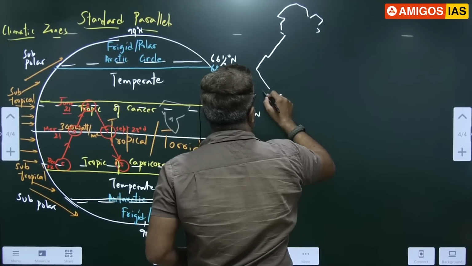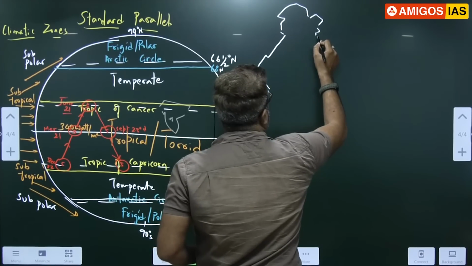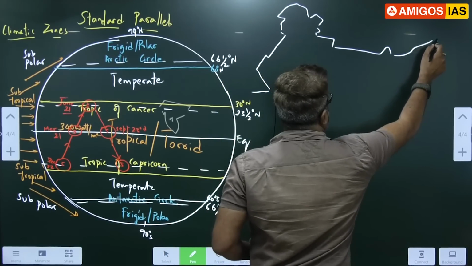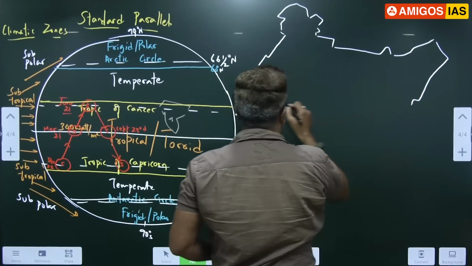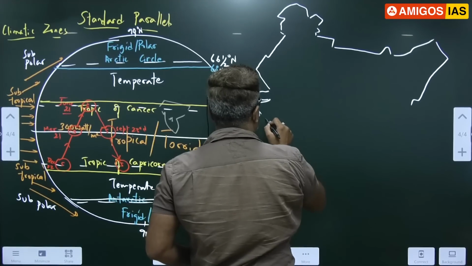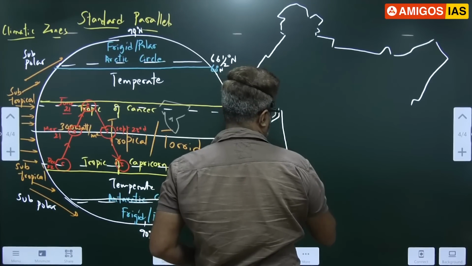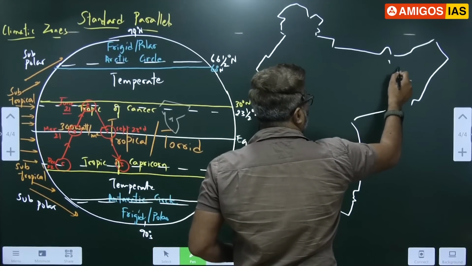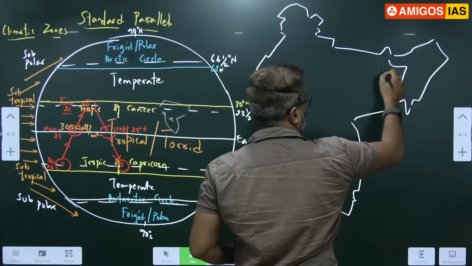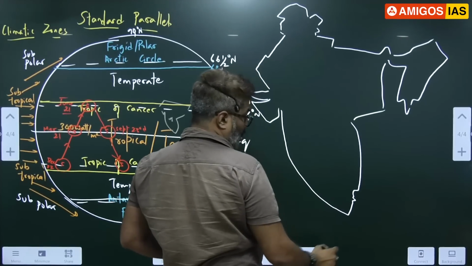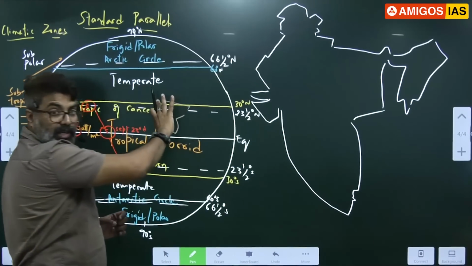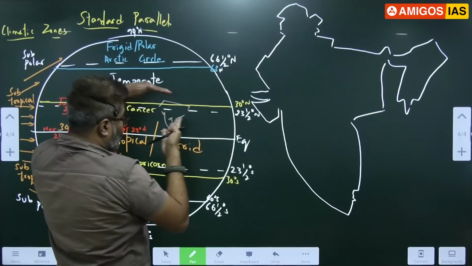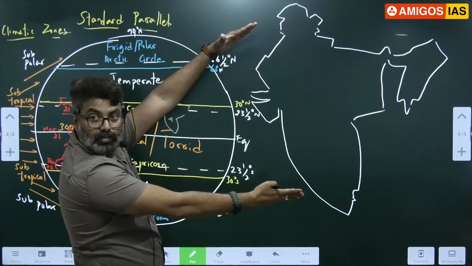Notice the map of India. Okay, see this is India here, correct? See here, this India I have given here. Like I have zoomed into this.